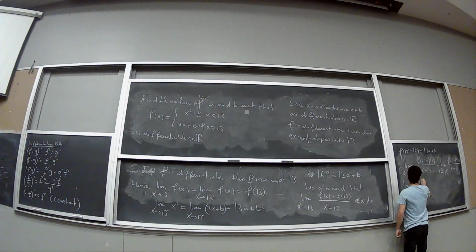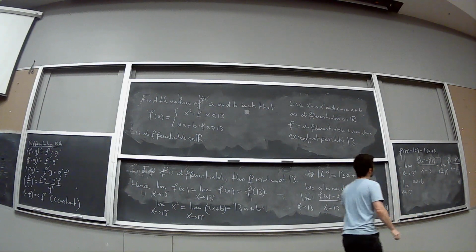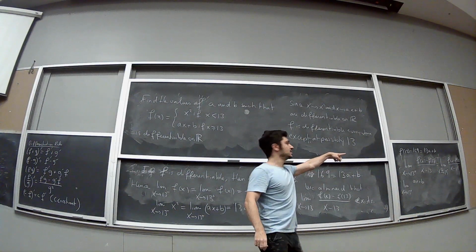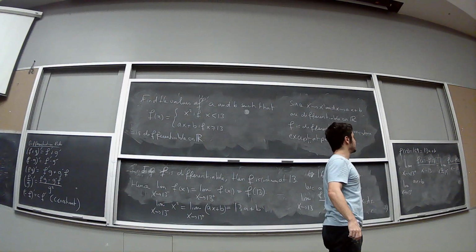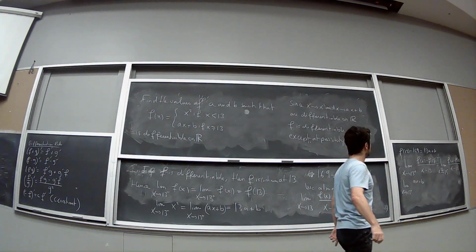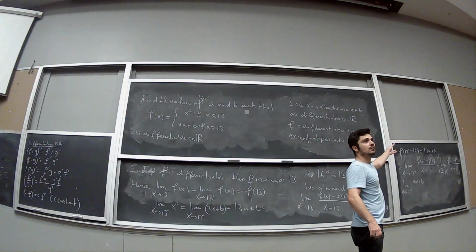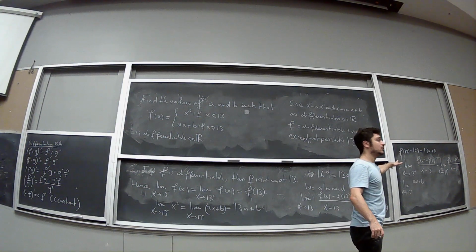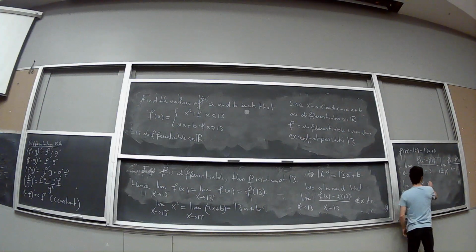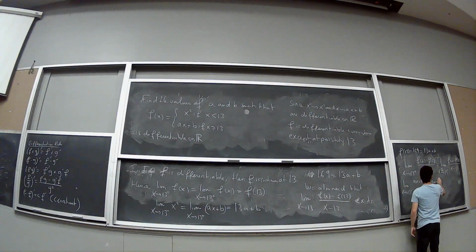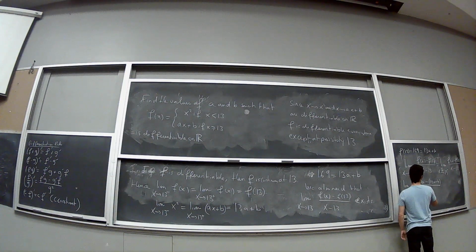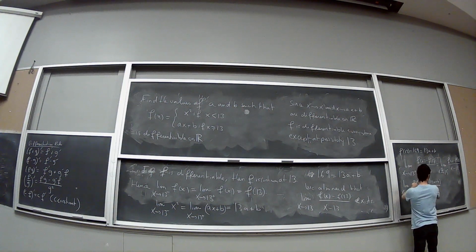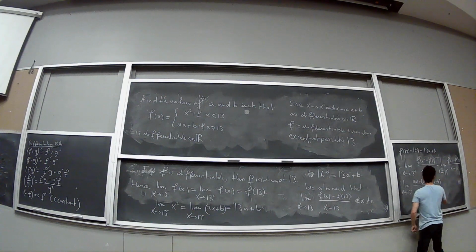Now, what is a better expression to use here for f of 13? 169 or 13a plus b? You can use either. What do you guys prefer? 13a plus b. Let's use 13a plus b. Is that good? Minus 13a plus b, so I factor the a out, over x minus 13, that's good.